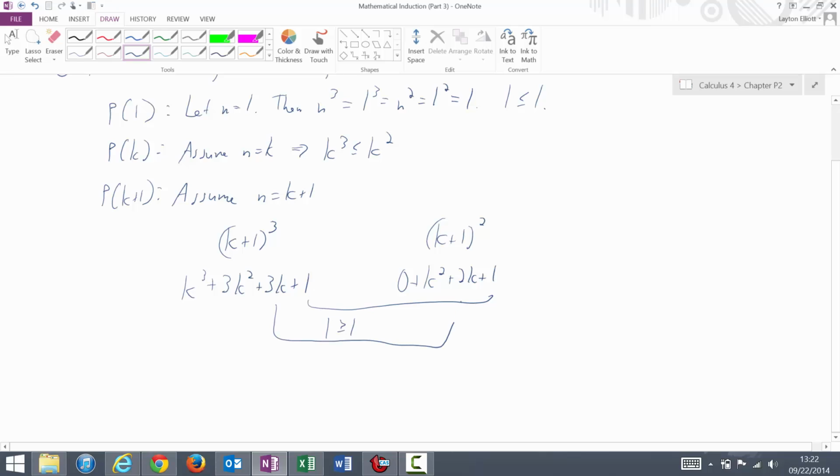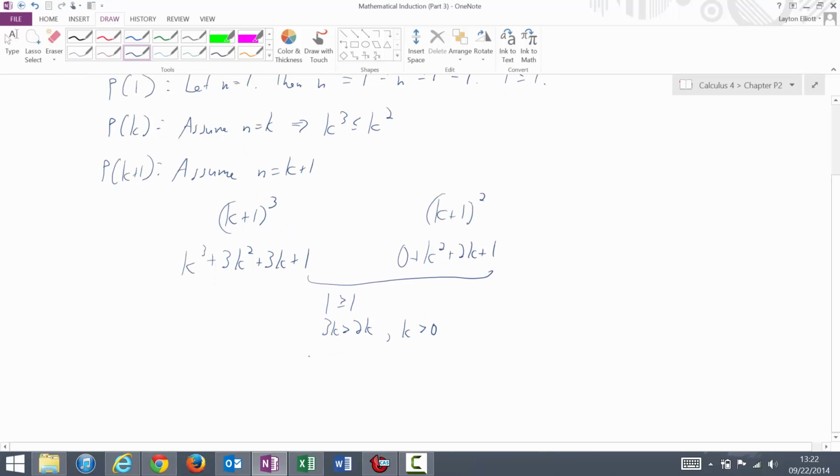If I examine these, I know that 3k is greater than 2k for k greater than 0, because we said k is positive. I know that 3k squared is greater than 2k squared whenever k squared is positive, and k squared is always positive, so that would always hold.